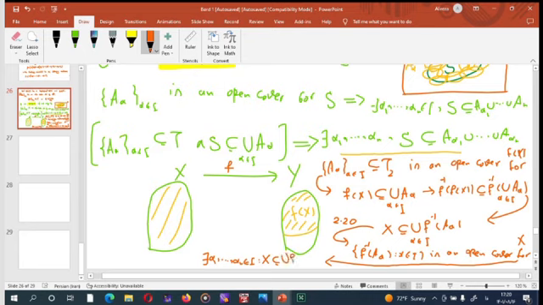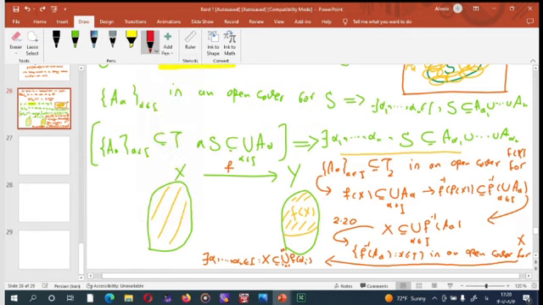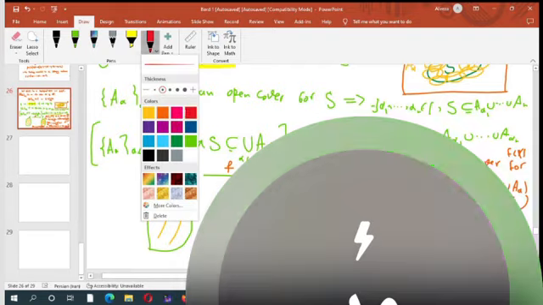For example, if alpha i equals 1 to n, because X is compact, okay? Because X is compact. So that we have this finite collection.